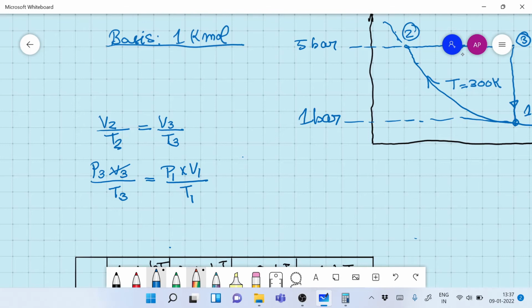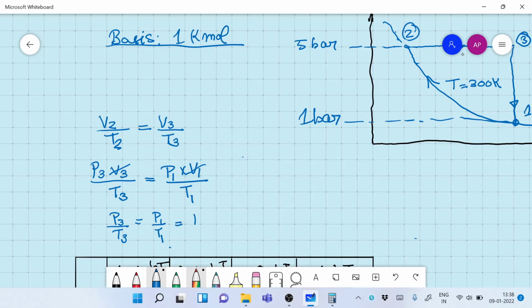We know that V1 and V3 are the same. That is, the volume at point number 1 and point number 3 are the same. Therefore, we get P3 divided by T3 is equal to P1 divided by T1.